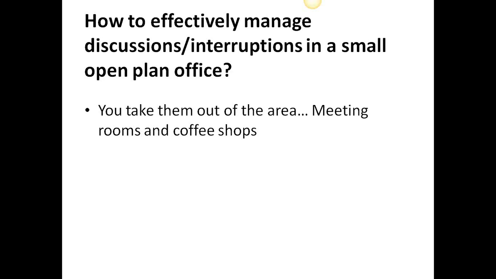In fact, 90% of us can't concentrate if we can hear other people talking. Part of our concentration moves over to that conversation. So take it out of the area, if it's going to be a long conversation. If it's a quick one, it's a different story. But that's really the answer to that one. It's nice and simple.